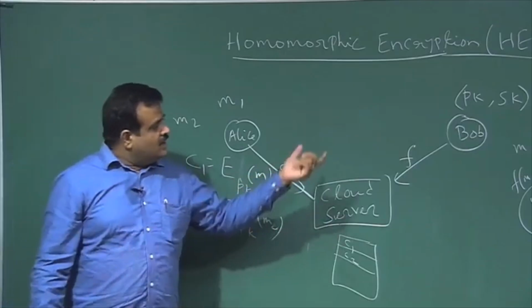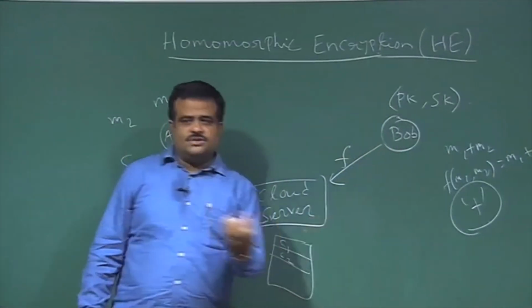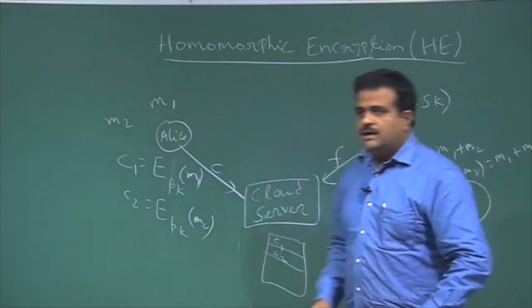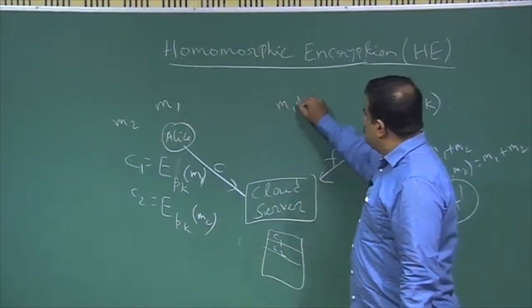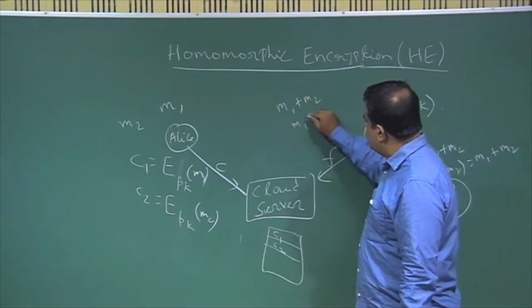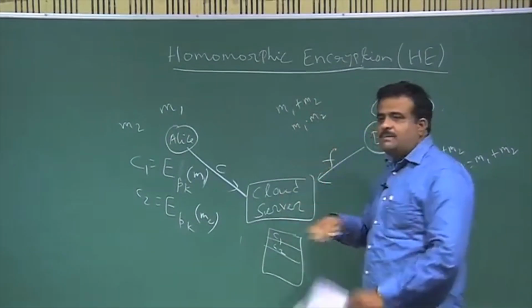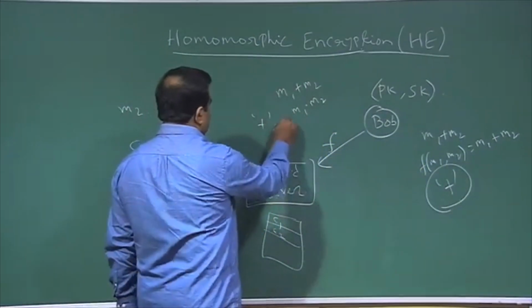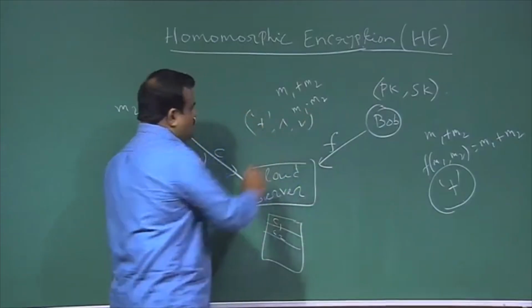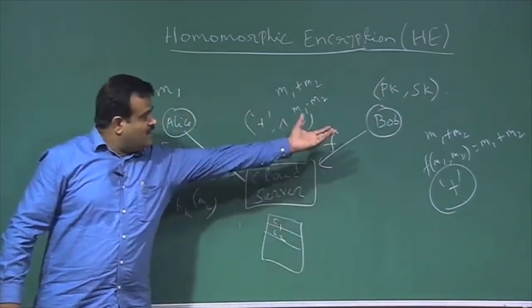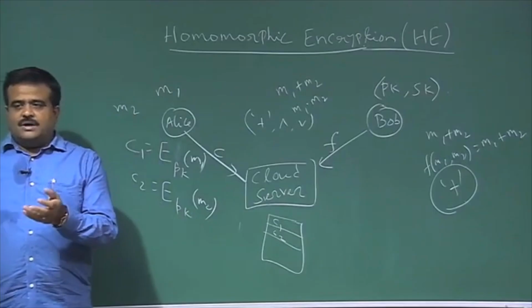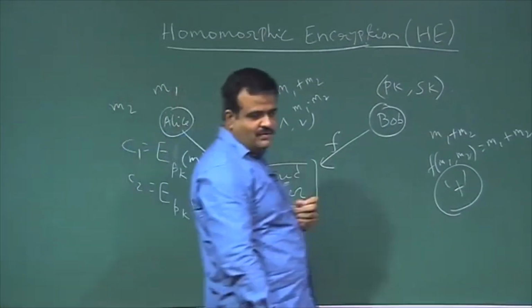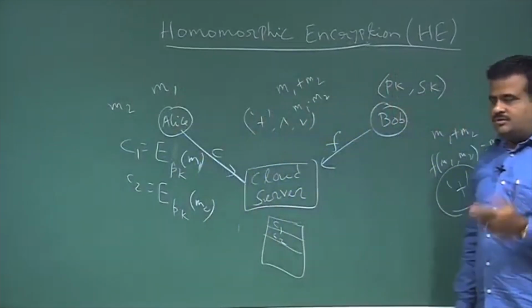But suppose Bob is using just a small device which may not be able to compute M1 plus M2. Not only plus, we may have some other operation, M1 times M2, or some other circuit in general. Instead of plus we may have a general circuit. That may not be possible for Bob to calculate after getting M1 and M2, because Bob may be carrying a low power device with computation constraints.